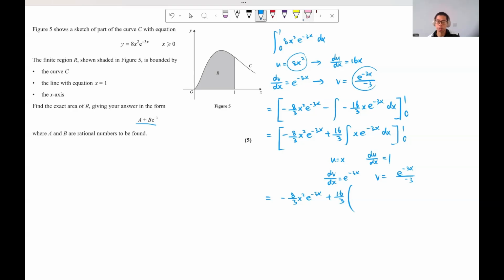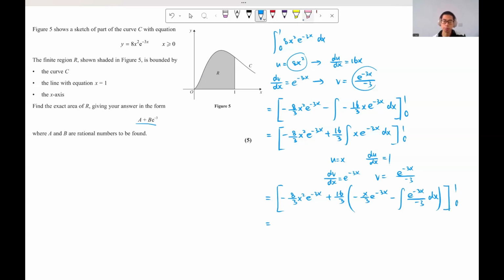So u times v will be negative x over 3 e to the power negative 3x, and then minus the integral of v and du over dx. Anything times 1 is the same, so it's just e to the power negative 3x over negative 3 dx, with the same limits, 1 and 0.